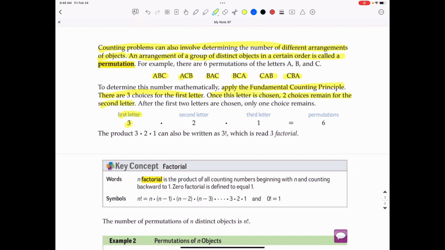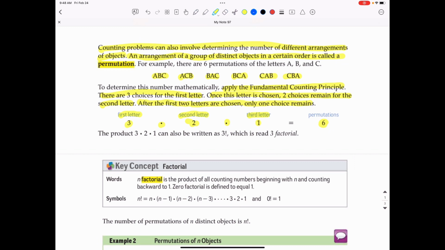So you would take the first letter choices, which is 3, times the number of remaining choices for the second letter, which is 2, and after choosing the first 2 letters, only 1 choice remains. So there's only 1 choice for the third letter. So you would take 3 times 2 times 1, meaning that there are 6 possible permutations of these letters.